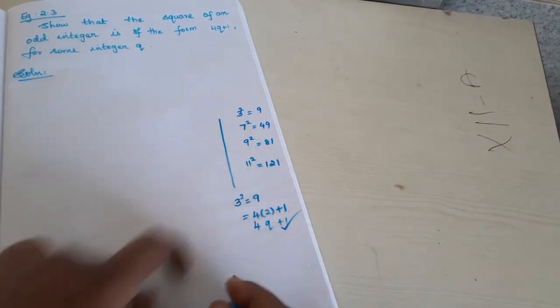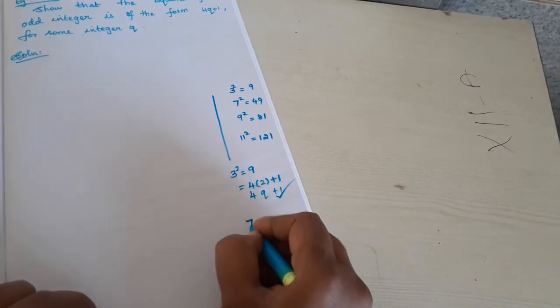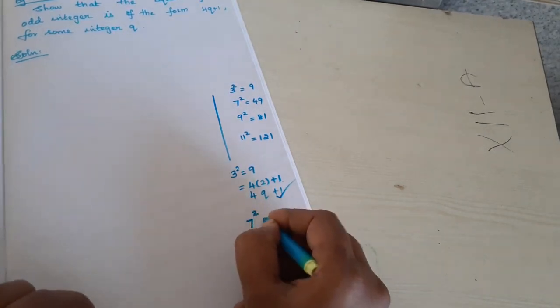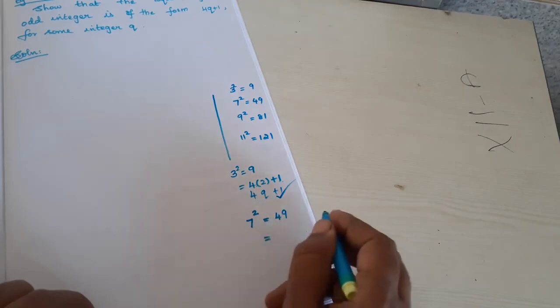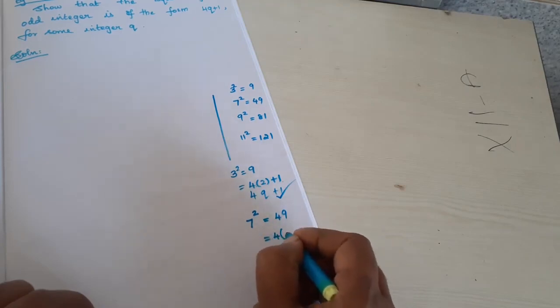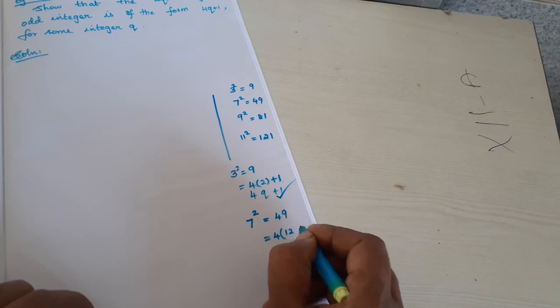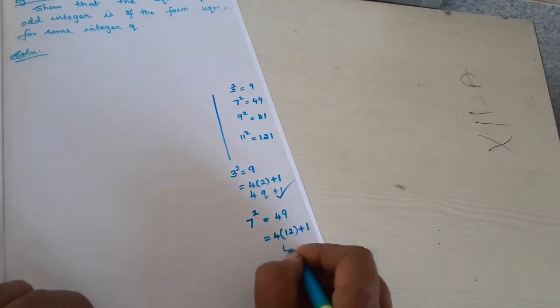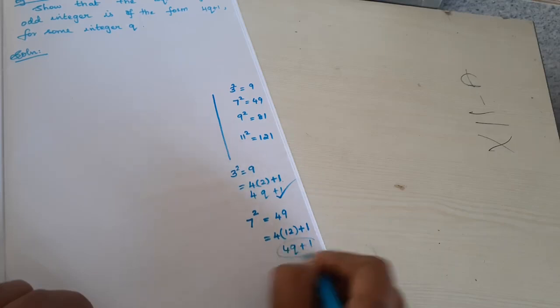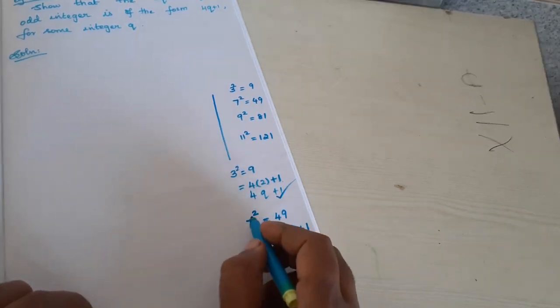This one is satisfied. Let's check for 7 square. 7 is an odd integer. Taking the square, the answer is 49. The 49 can be written as 4q plus r. How? 4 into 12, it will come correct, 48 plus 1, so 4q plus 1. In this format we can write the square of any odd number.